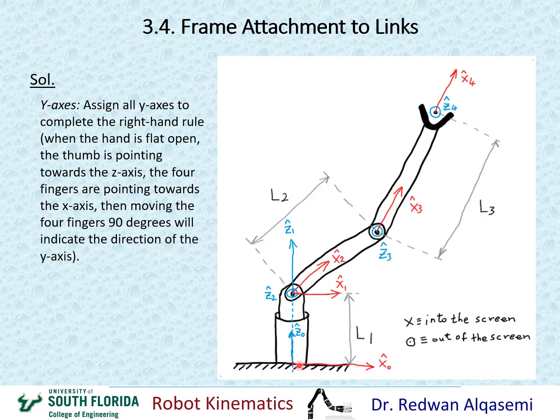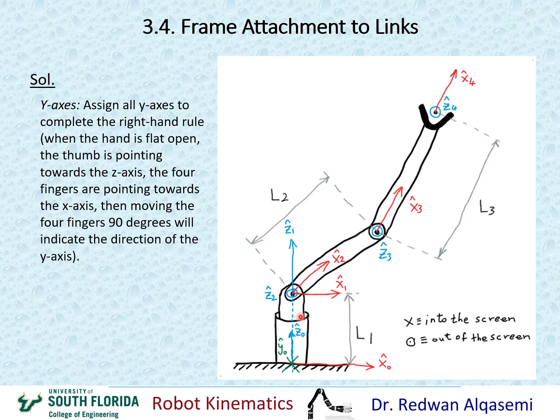And in this case, if I move my four fingers 90 degrees, that would give me the direction for y, which means that y would be starting at this point, and then it would be pointing into the screen. Okay, so into the screen means that I'm going to put an x here, assigning it to go into the screen, and that would be my y0.